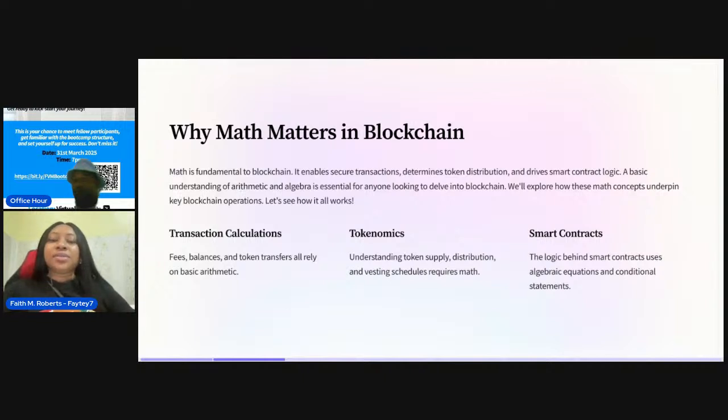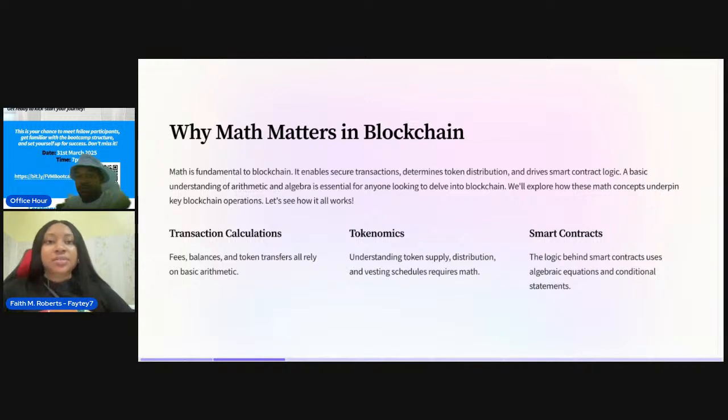Also, when we talk about token distribution, you see that there are many airdrop platforms that distribute some percentage of their earnings to users and to some whitelisted addresses. They use math to power that distribution algorithm.